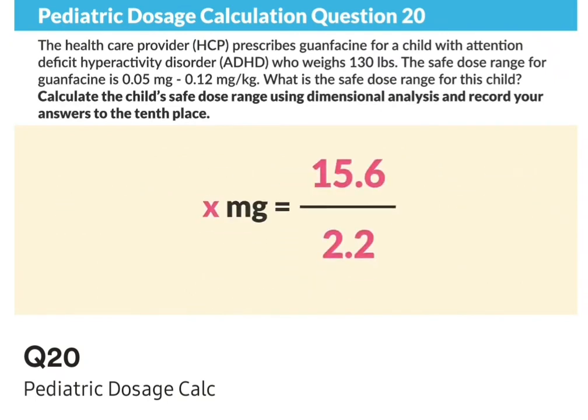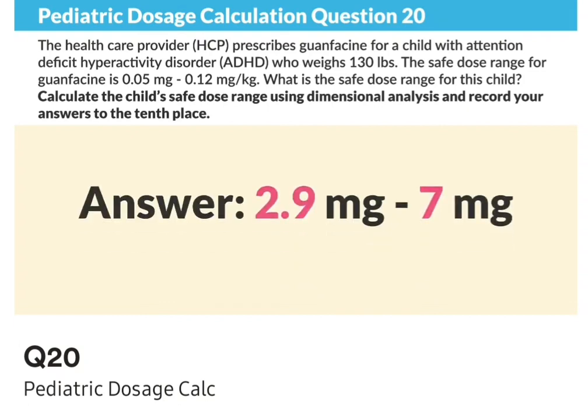So we get 15.6 over 2.2. And the number we get is 7.09. So we get the number 7 here. So the answer we have is 2.9 milligrams to 7 milligrams. So that is the safe dose range for this child here. So always remember, we don't want to round up the dose for pediatric questions.